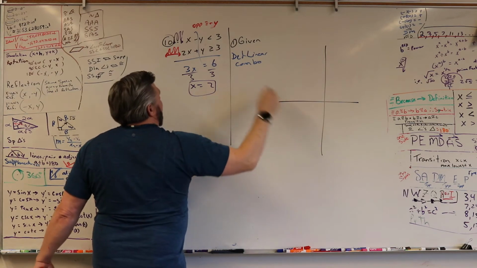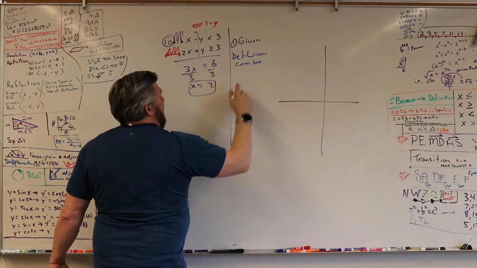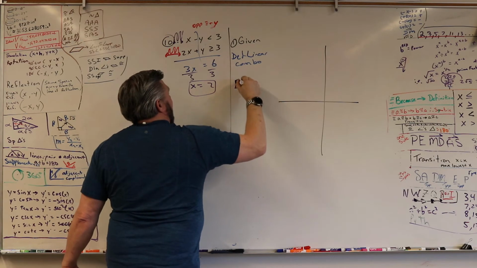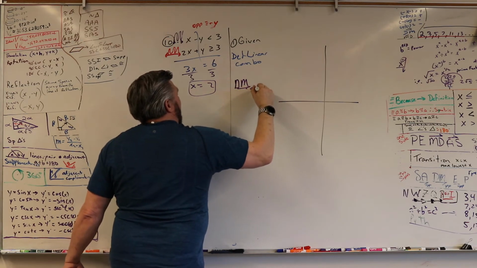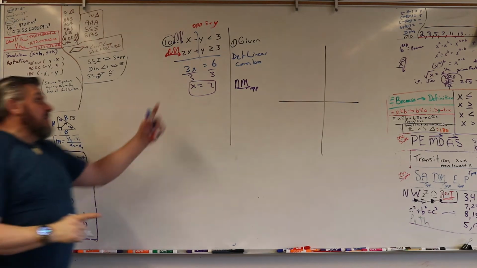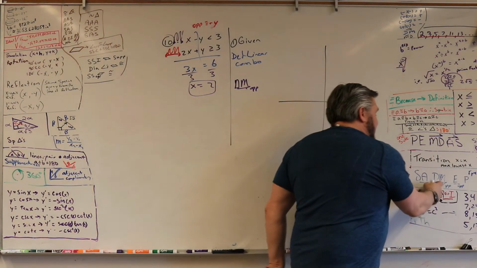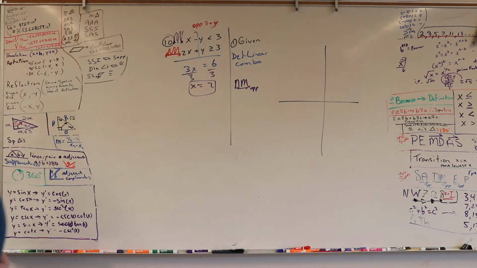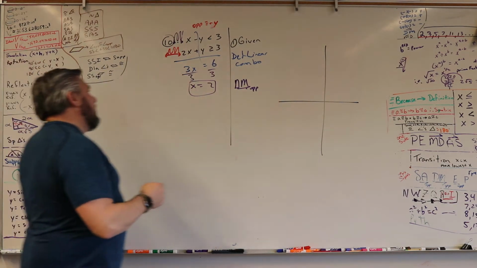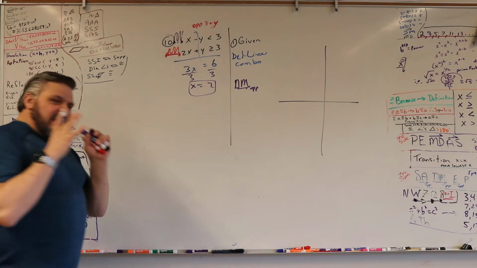SADMAP. Good job. It is SADMAP, but it's D, because we did it to both sides, right? And then which one in SADMAP? It's division because we divided. Good job, Ron. All right, so we have x.